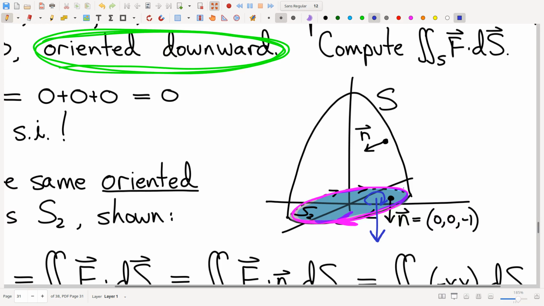It's going to give me the orientation on the boundary that's the same as what my original surface gave it. So that's why I make this choice. We pick downward instead of upward because that is what gives me the correct shared boundary orientation. What do you think? Everybody's happy?